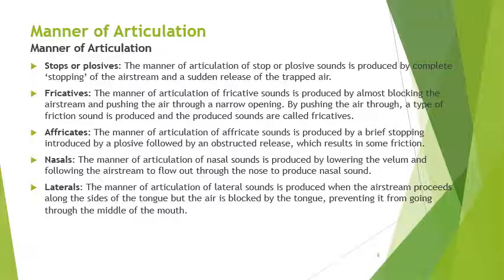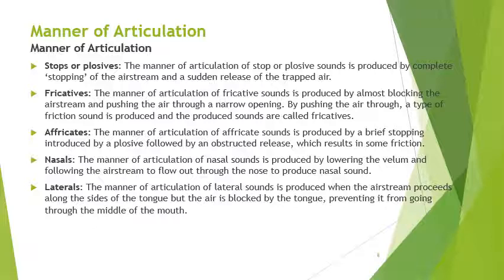And the other one is called affricates. The manner of articulation of affricate sound is produced by a brief stopping introduced by a plosive followed by obstructed air, which results in some friction. Taking a look at affricates, you can notice that it combines the two, that is, stops or plosives and fricatives.